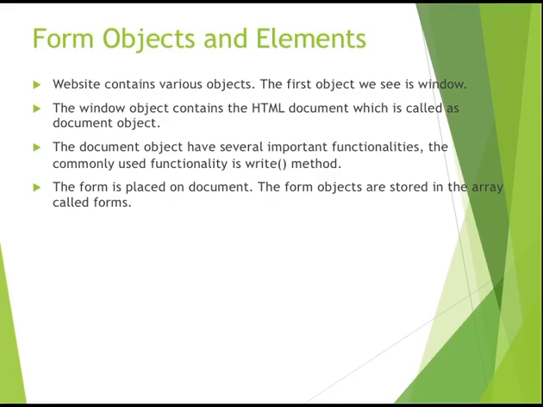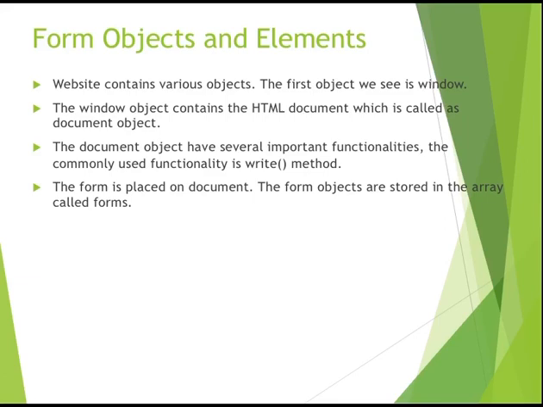For example, suppose we want to refer to the second form, then we can write document.forms, and in square brackets we write 1. That is, the index always starts from 0. So forms[0] is your first form, forms[1] is your second form, and forms[2] is your third form.